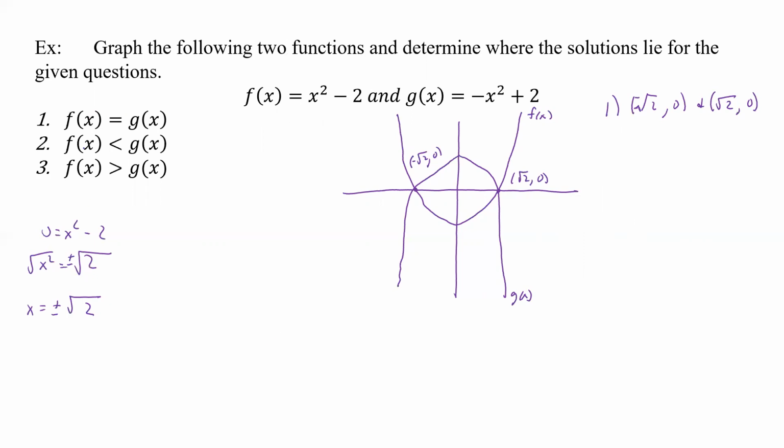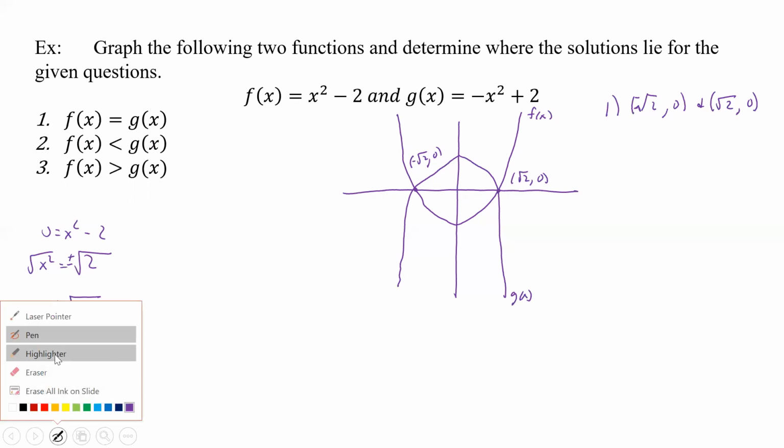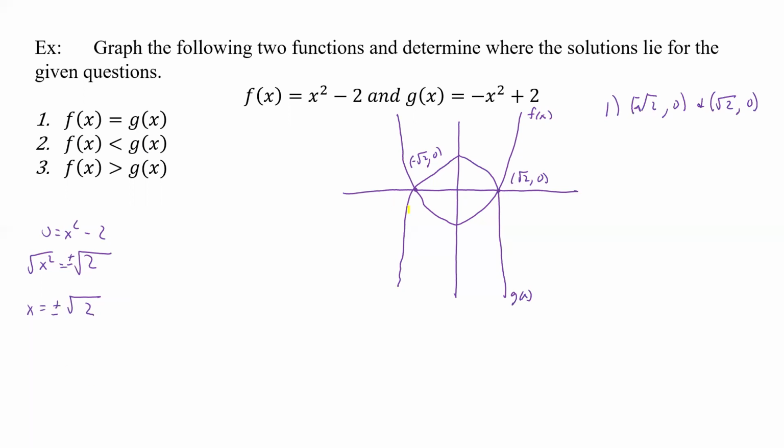Now, when is f of x less than g of x? Well, f of x is this one. When is it less than g of x? Well, it's less than down here. So let's change a highlighter, and we'll highlight that region so we know what it is.